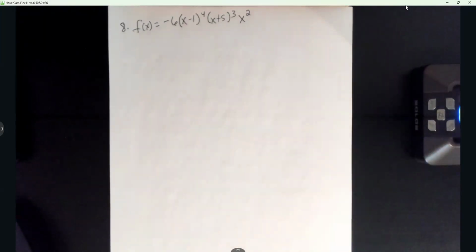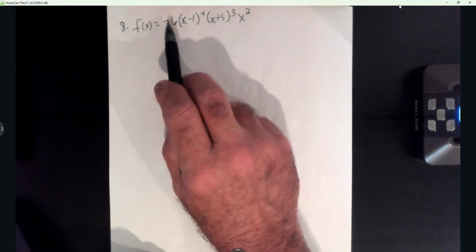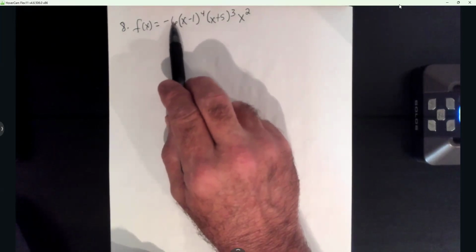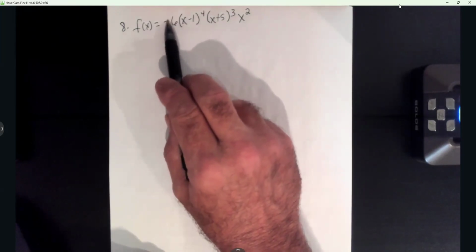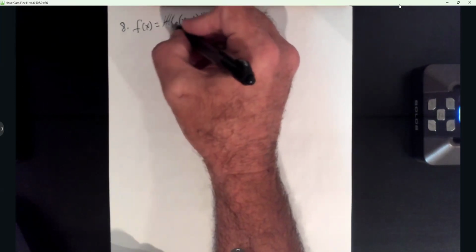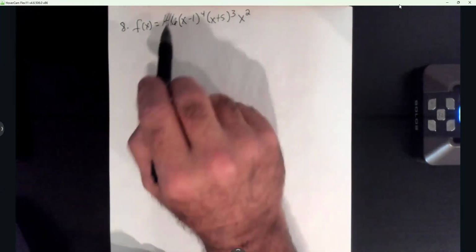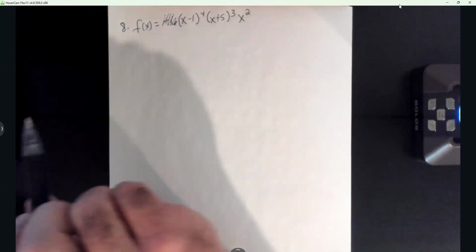So this one, they're sort of being tricky. I will say this. There's only 3 factors I'm worried about. This -6 here does not even have a variable with it. So since the -6 does not have a variable with it, you can basically cross that thing out, because there's no way you can set a -6 equal to 0, okay? So that automatically gets canceled out.